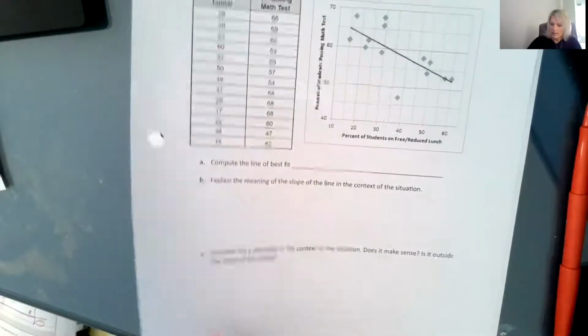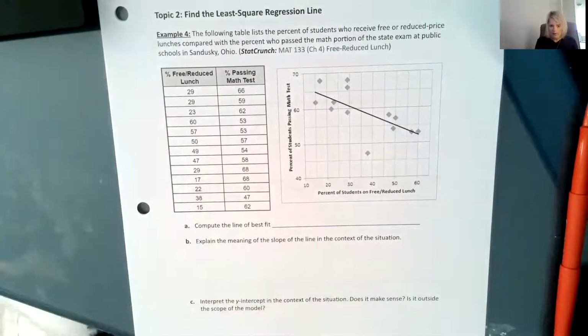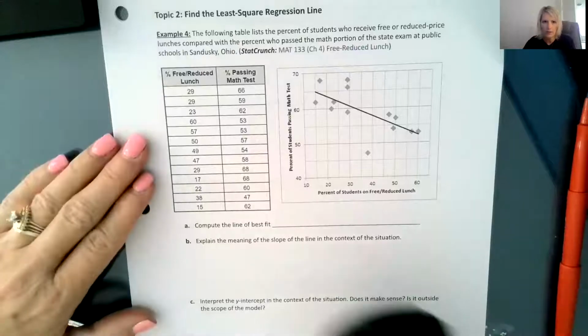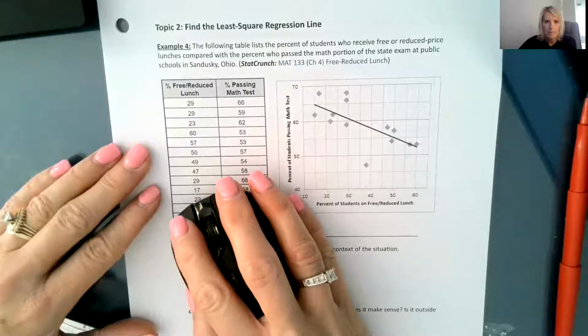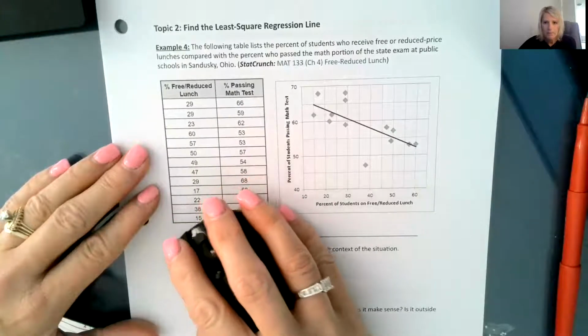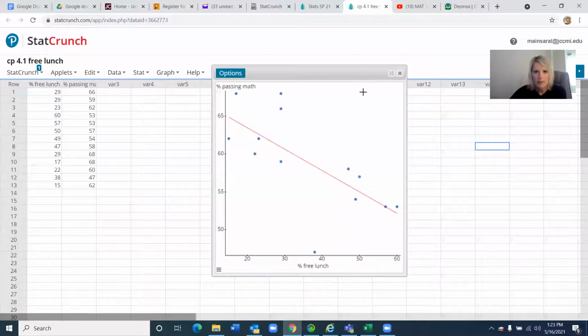Let's for a minute go back to the data that we worked with on the free and reduced lunch. Here is the scatter plot, and we have it pulled up as well in StatCrunch. Here it matches what we had on the screen. It says compute the line of best fit.